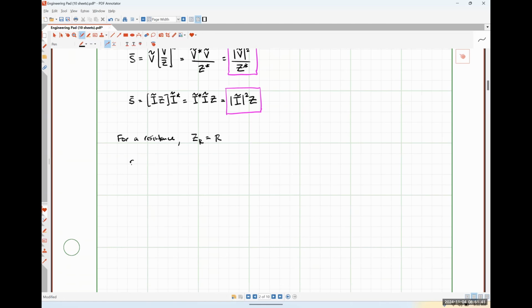So that tells us that our complex power is simply going to be the magnitude of the voltage squared divided by the resistance, or the magnitude of the current squared multiplied by the resistance. Effectively, we're back to our DC relationships. V squared over R or I squared times R.